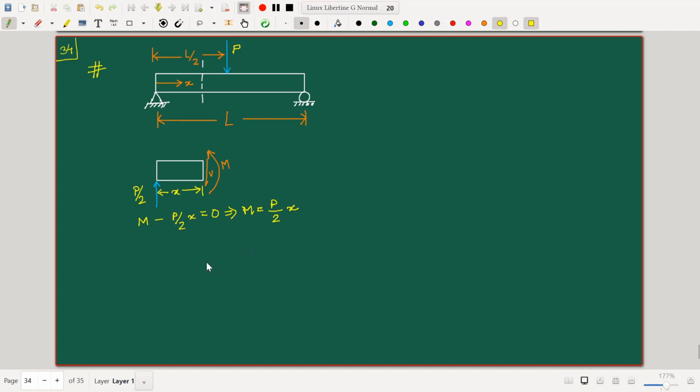Now, specifically for this particular case, we can note that whatever happens from x equal to 0 to x equal to L by 2 is exactly what is going to happen from x equal to L to x equal to L by 2.